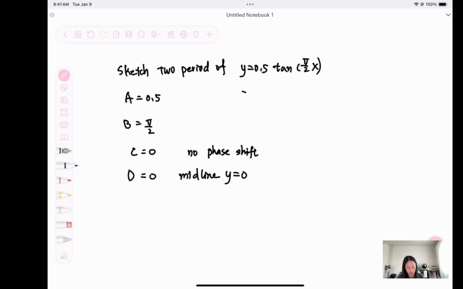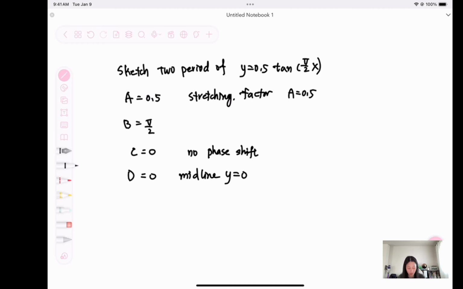Okay, A equals 0.5, that gives us what? There's a stretching factor involved in this graph, which is A equals 0.5. That means they're going to stretch by 0.5. I'll explain what that means later.